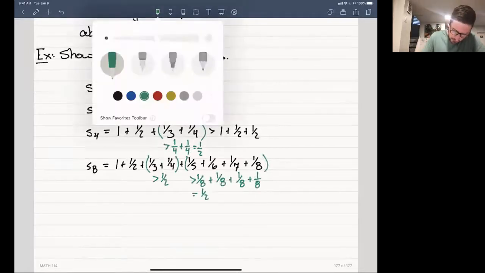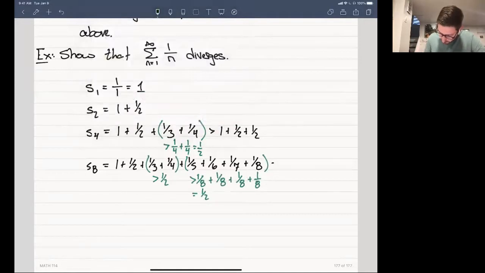So now you might be able to see what I'm doing. This 8th partial sum is bigger than 1 plus 1/2 plus 1/2 plus 1/2. Similarly, if I continue this process, I can do the same thing for S16.